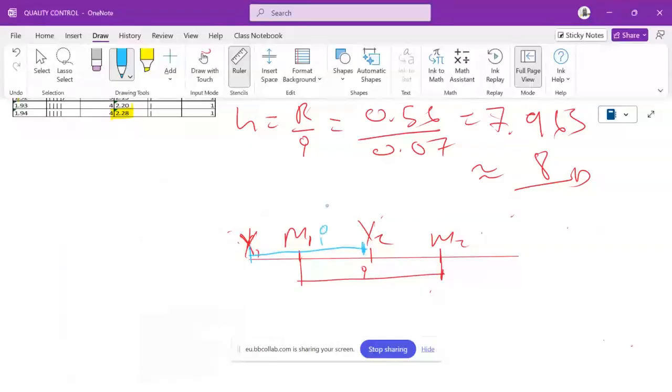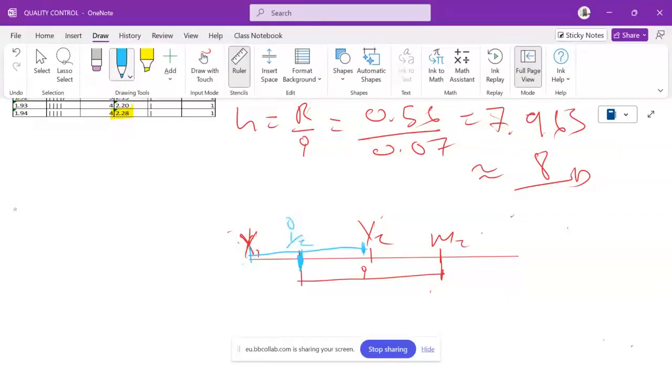So now when we are looking for M1, we are going to say x1 plus I, but we want I halfway. You see this is I all the way, but halfway to it.